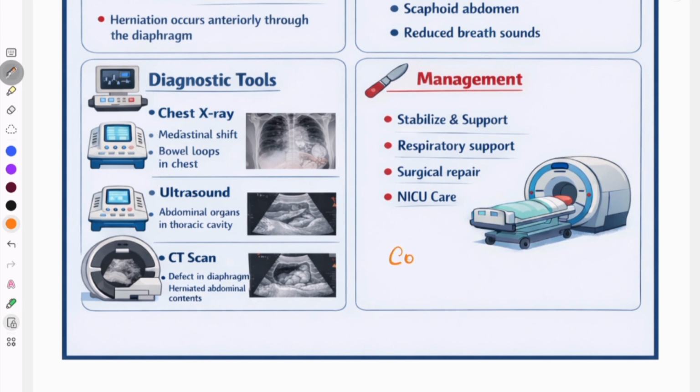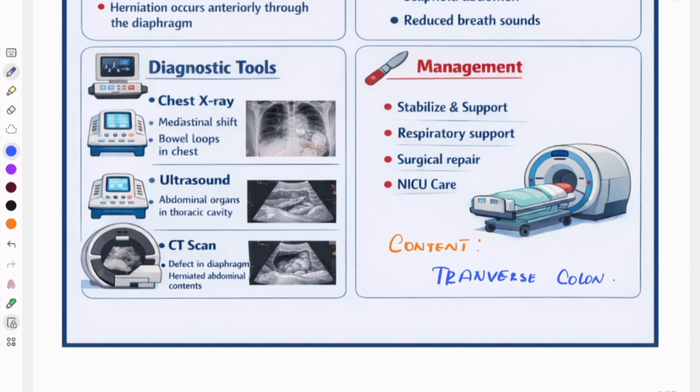Here, the content will be transverse colon. The major difference between these two hernias is the location of the defect in the diaphragm and the content.